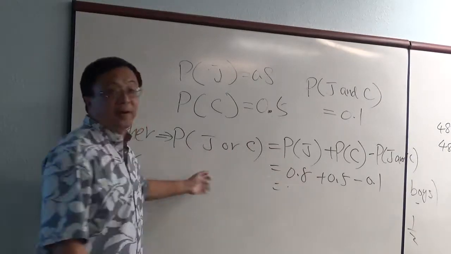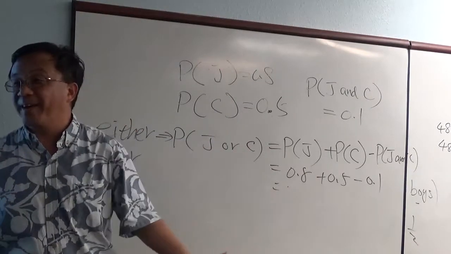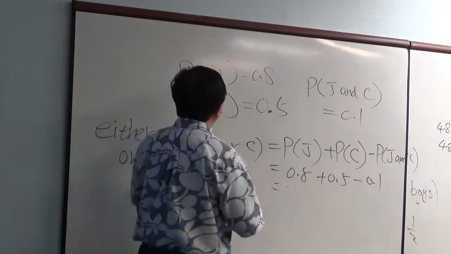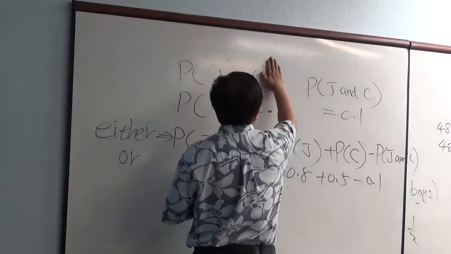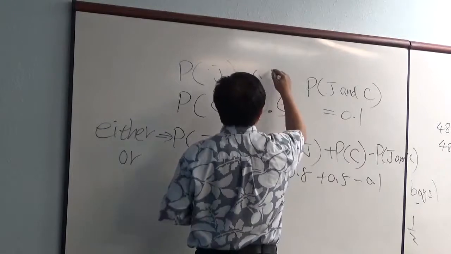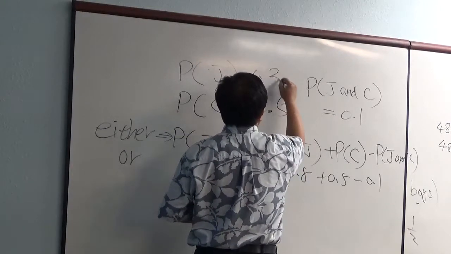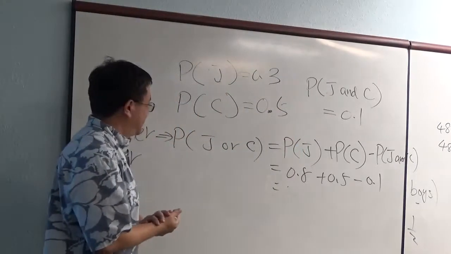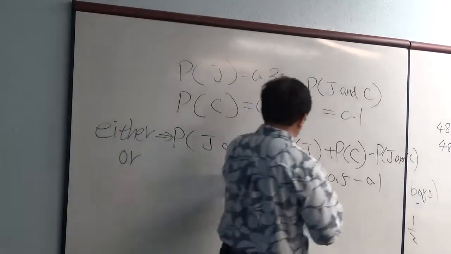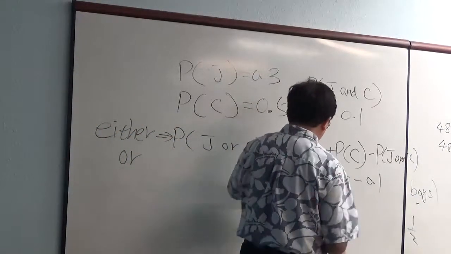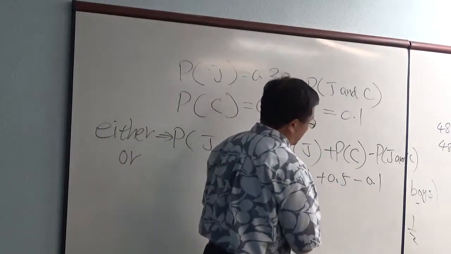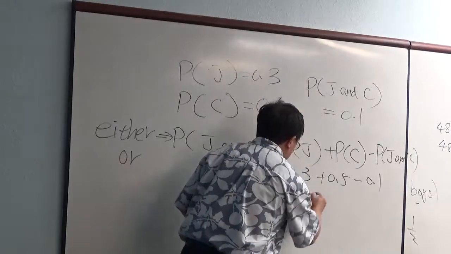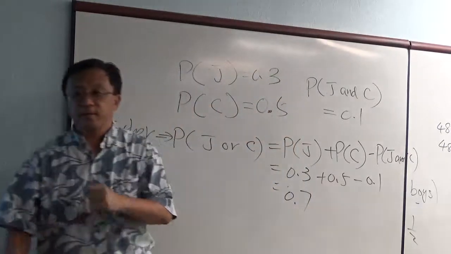Why? Probability has to be less than 1, right? How can you get that? So I have to change those numbers. 0.8, how about to 0.3? That's good. Then 0.3 plus 0.8 minus 0.7, yeah? Sorry.